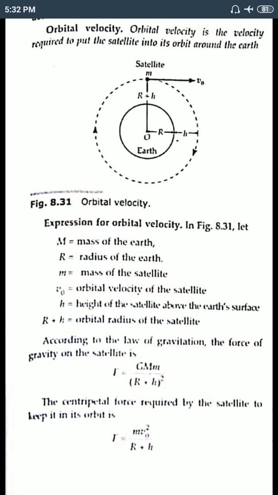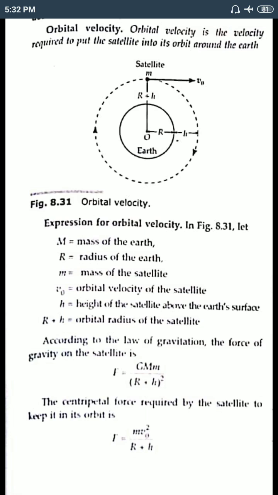Both are expressions of force, and the satellite will be kept in its own orbit when these two forces are equal to each other. If one force is more, the satellite is not in its orbit; it will either go far away or collide with the earth's surface. So it is balanced when the force of gravity and the centripetal force are equal.